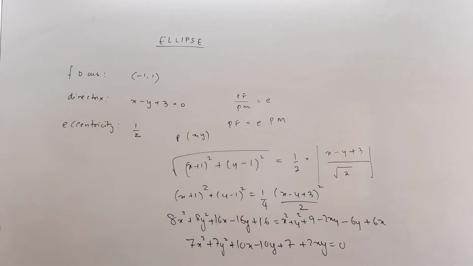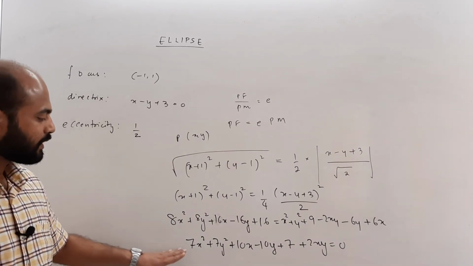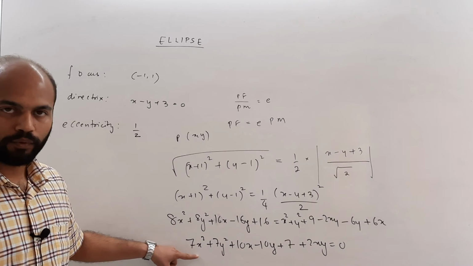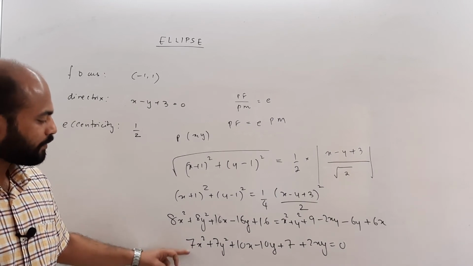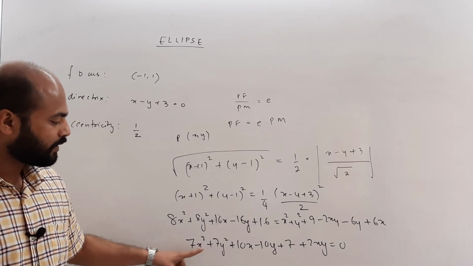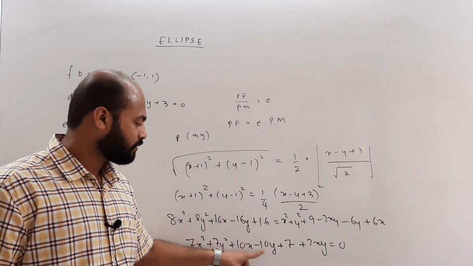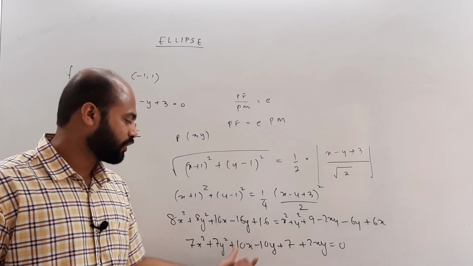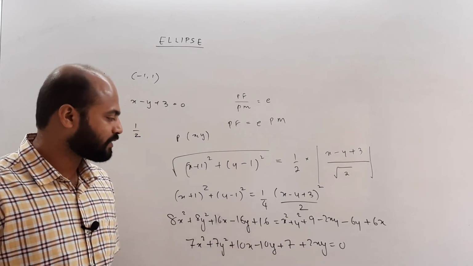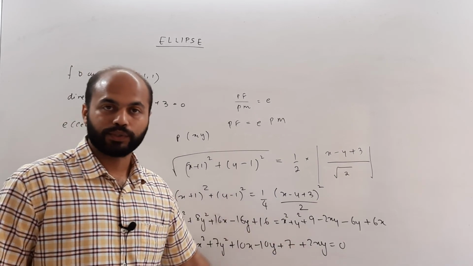So here you can see that the coefficient remains the same, that is for ellipse this is 7 and this is 7, same. Here also x and y terms have the same coefficient, first here it is 10, here it is minus 10, and there is an xy term also.